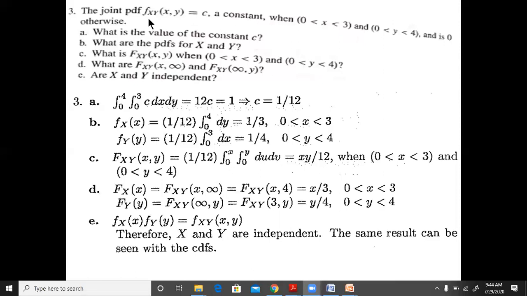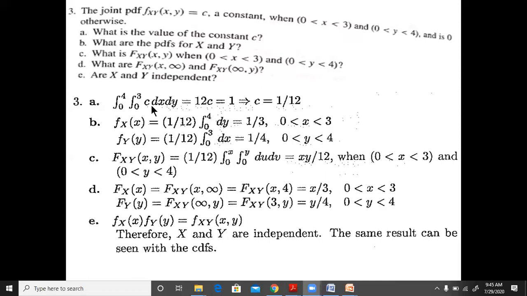And the integral of f of x, y, dx dy will be equal to 1. In place of f we have written c, so we need to integrate this. Integrating with respect to x, c dx will give you cx.